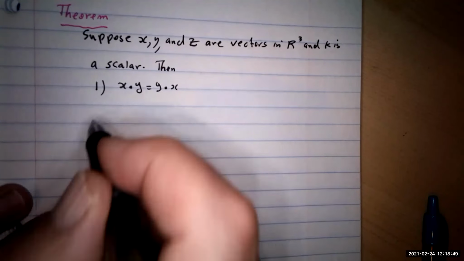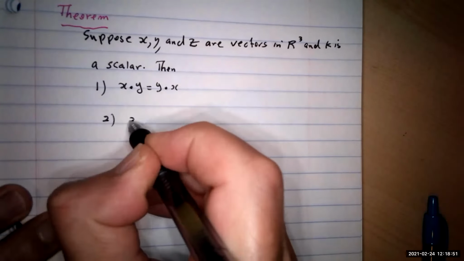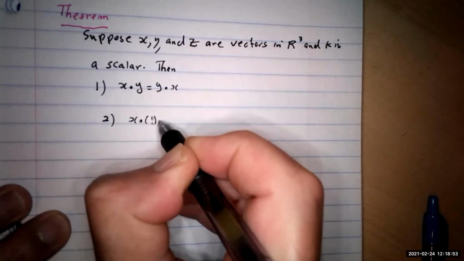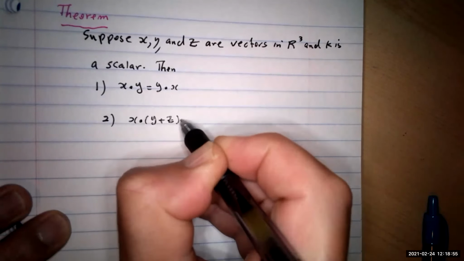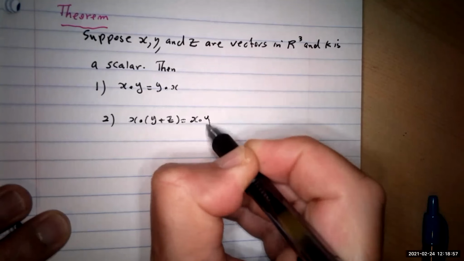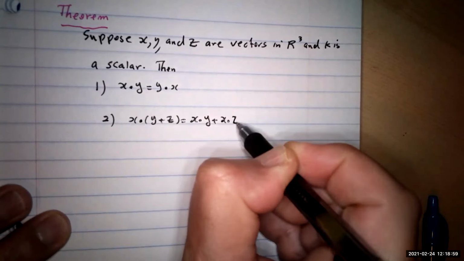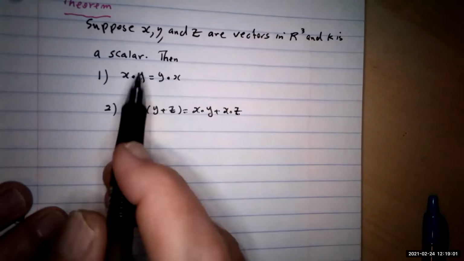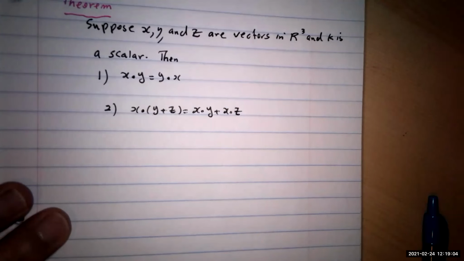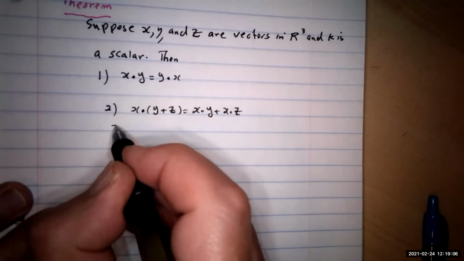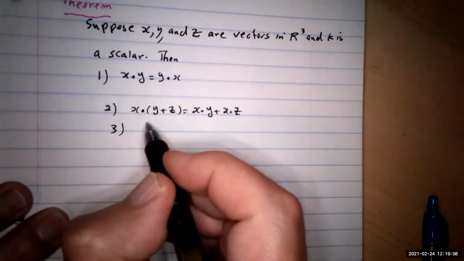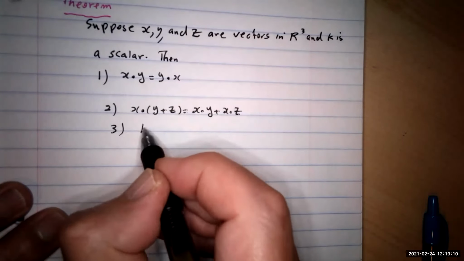Okay, and this is distributive. So x dot (y plus z) is going to be x dot y plus x dot z. See, so commutative, distributive.